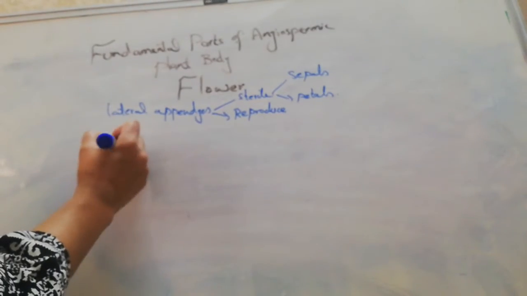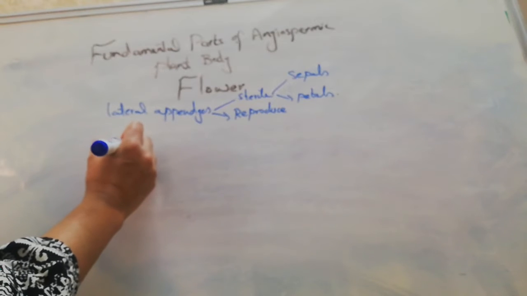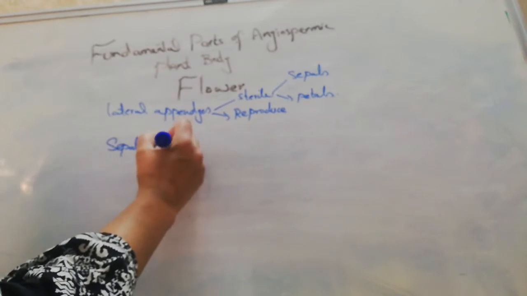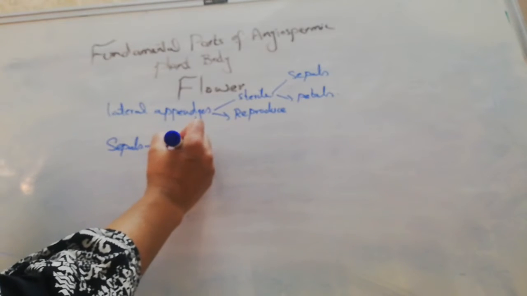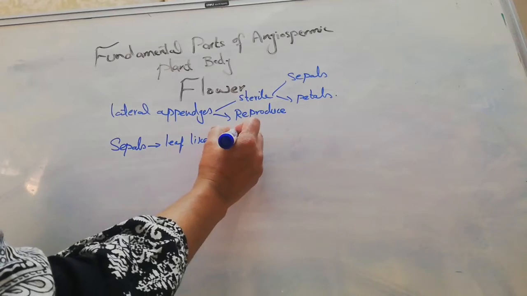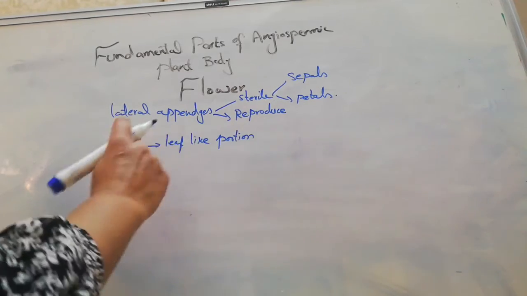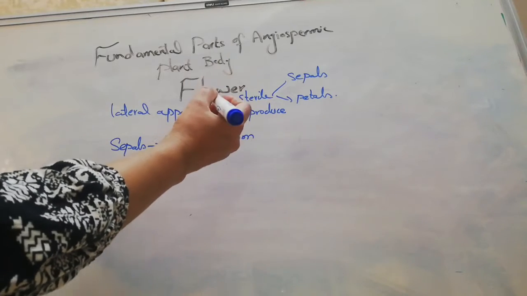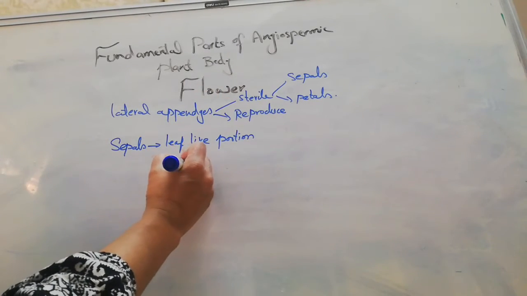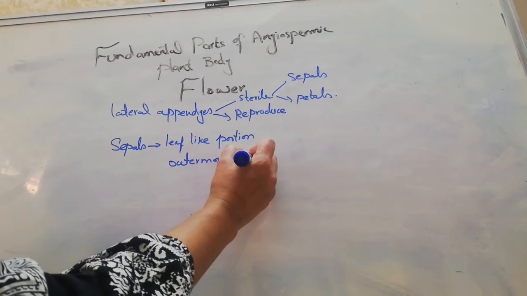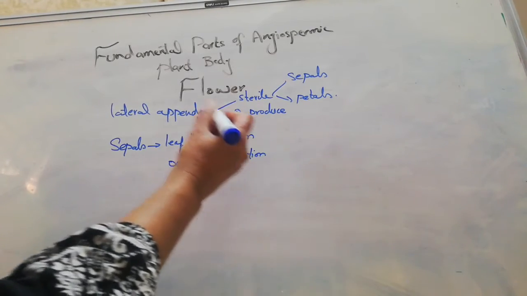If we talk about sepals, sepals are basically the leaf-like portions present outside the petals, the outermost portion of the flower.